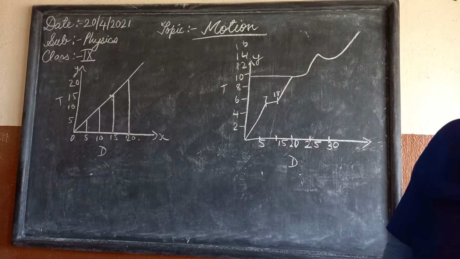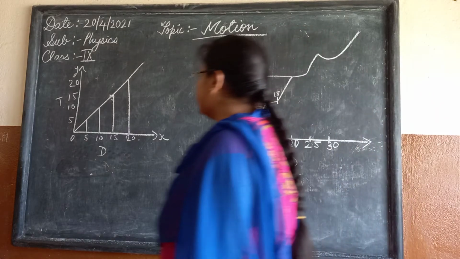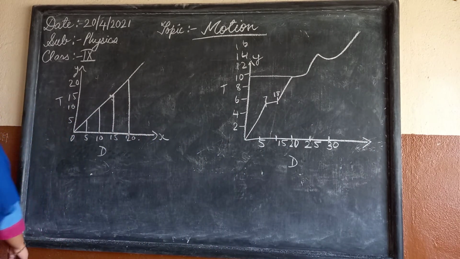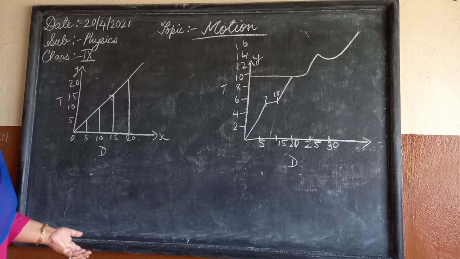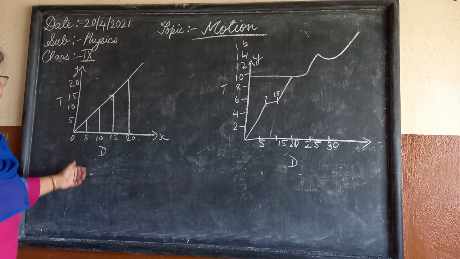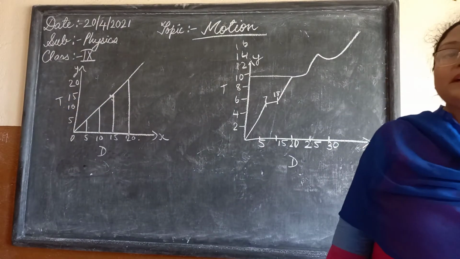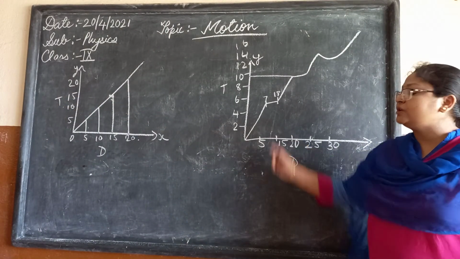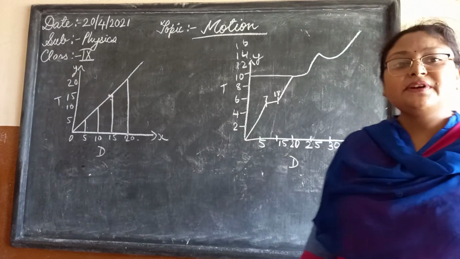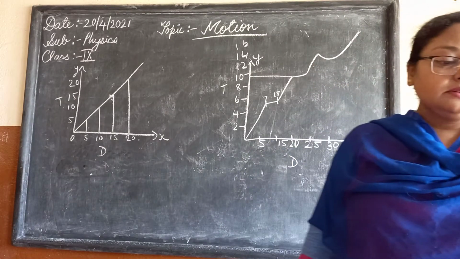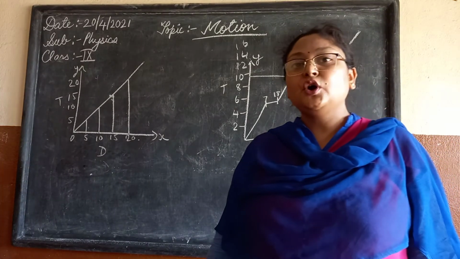Then we have average speed. What is the average speed? How can we calculate it, or how does the average speed come up? We are talking about distance and time, so basically there will be a speed. Clear? Why will there be speed? Because we are talking about time and distance. Distance divided by time is what we call speed.